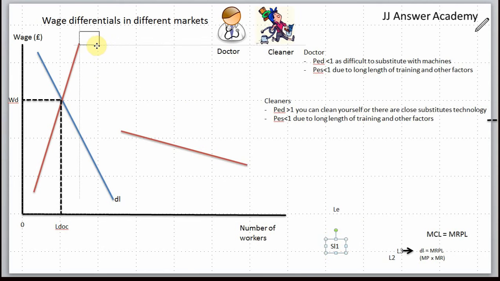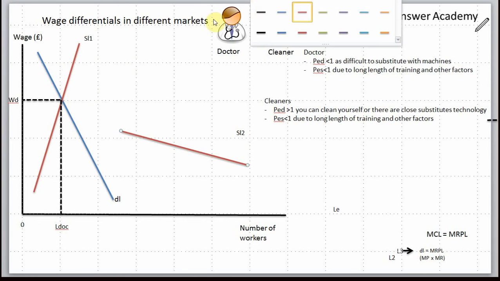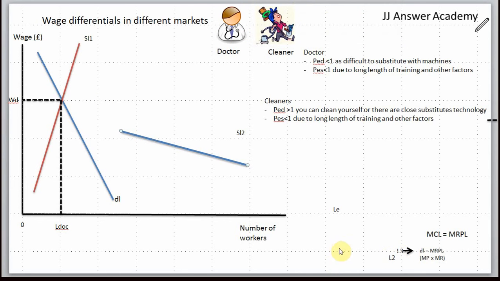I can do this in the demand color, which is blue, and label this as demand for labor of cleaners. What about the supply curve? Do you think that's elastic or inelastic? That's pretty elastic, sorry, yeah.